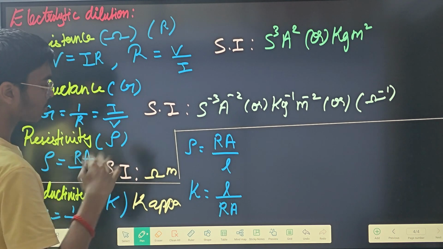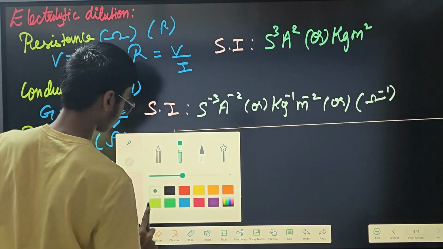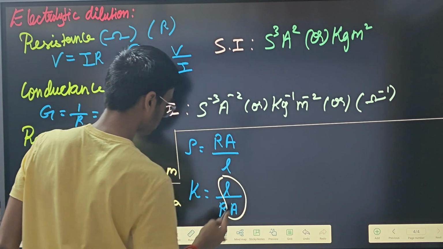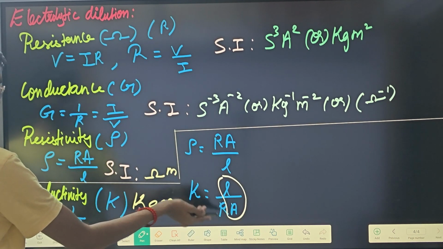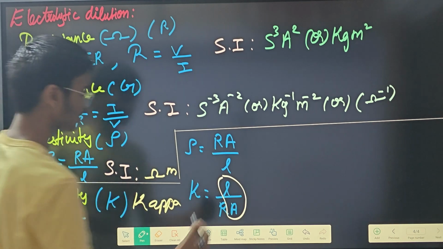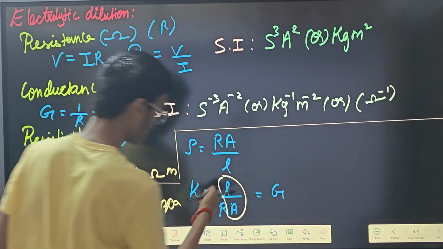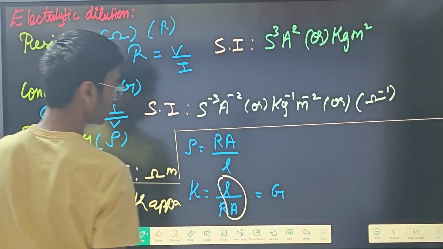From this, I'm going to take these two. 1 by R is equal to G, conductance.